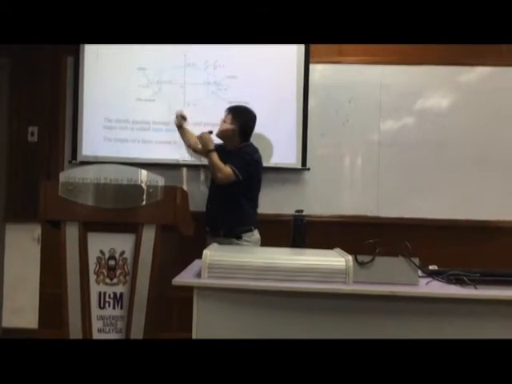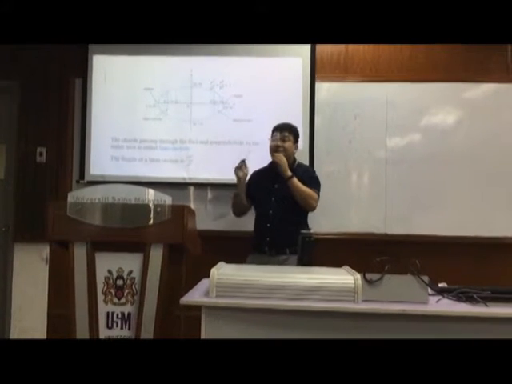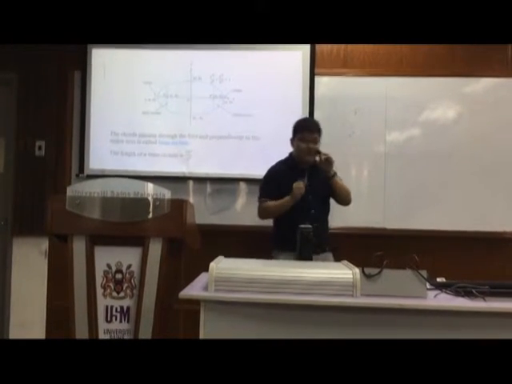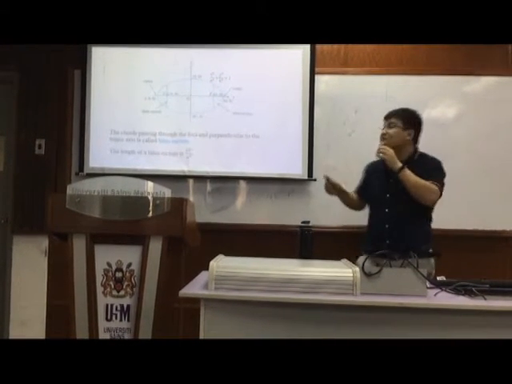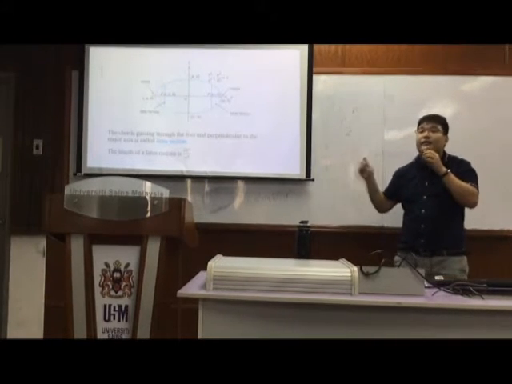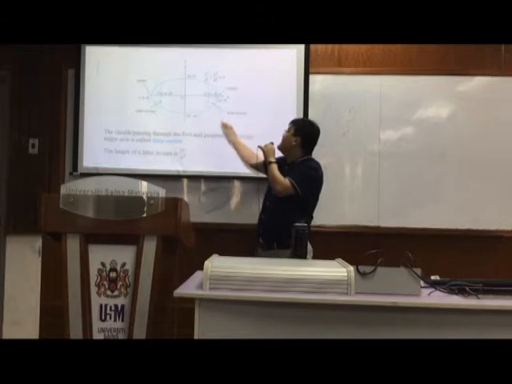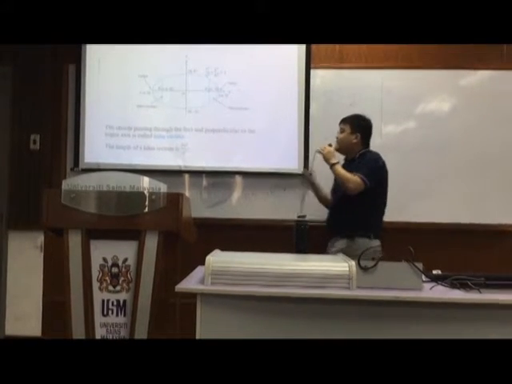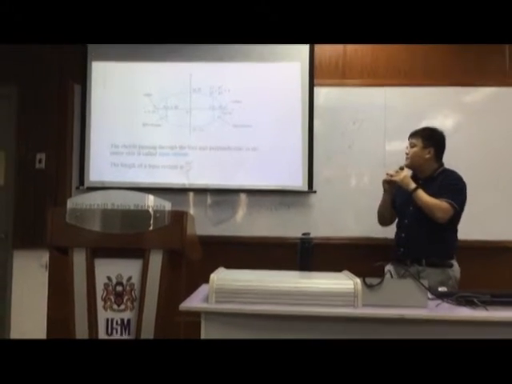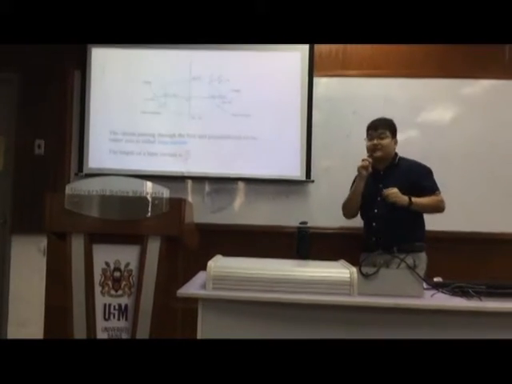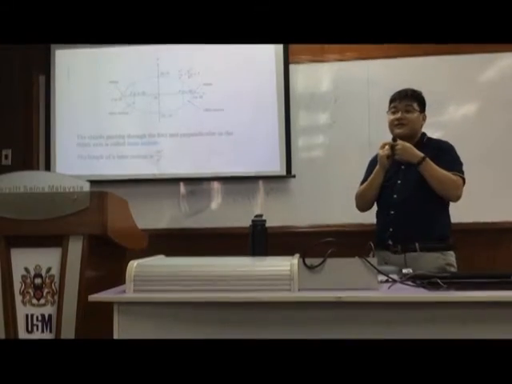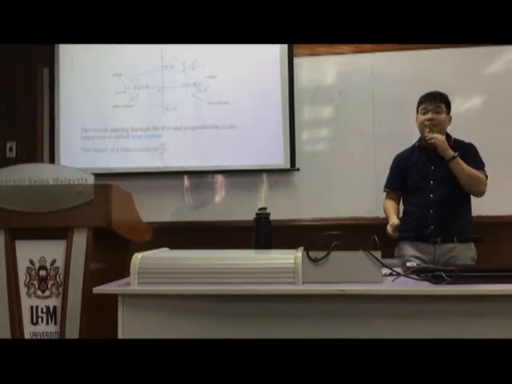These 2 points here are called the foci. And since we have the foci already, the line passing through the foci and perpendicular to the major axis is known as the latus rectum. The latus rectum will give you the length 2b squared over a. Okay, so until here, do you have any other problem?